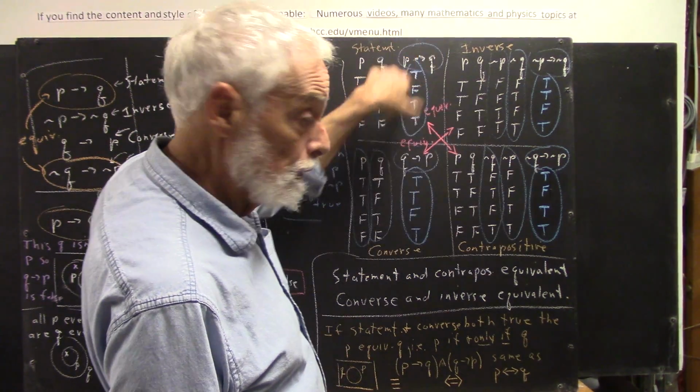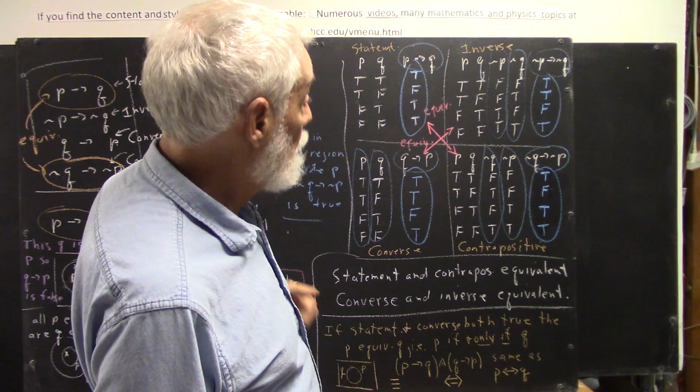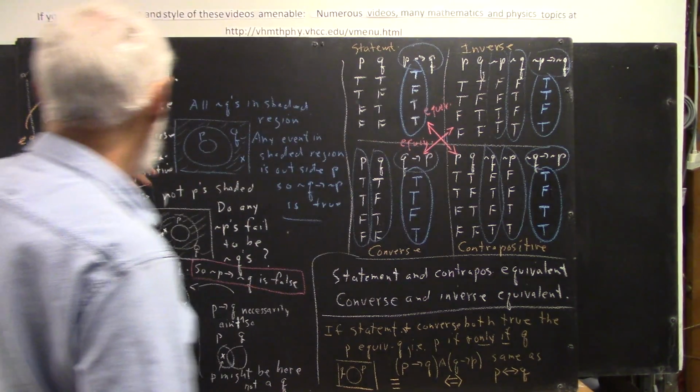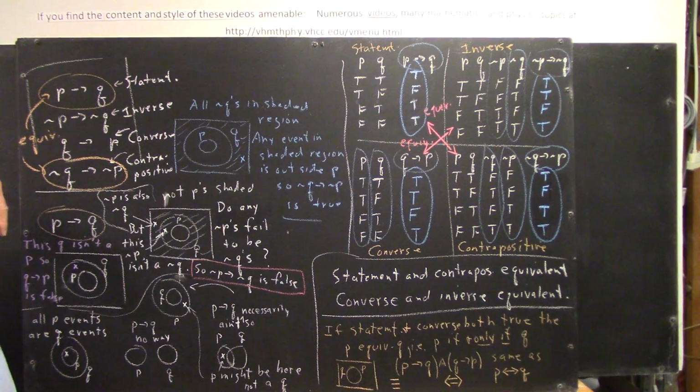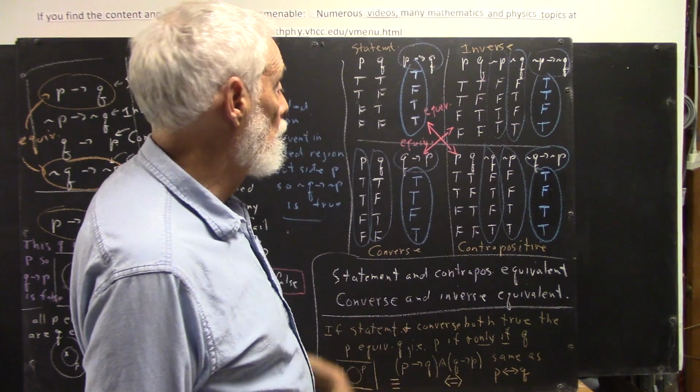They have the same truth values in all cases. Okay? We also note that we couldn't conclude it from what we did here just because neither of these is equivalent to this doesn't mean that these are equivalent to each other. But as we see here, it turns out that they are equivalent to each other.